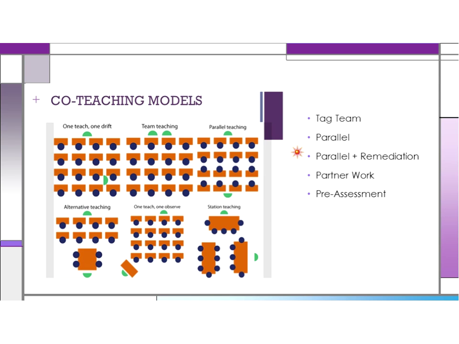Parallel plus remediation, where you teach the lesson in 2 different groups, and one of those groups gets more remediation, maybe a review from the day before. We talked about partner work, where one co-teacher would be going in and out of the different breakout rooms, helping students working in pairs together. And then we also talked about pre-assessment, where you see where the kids are at, and then you determine who's going to get this part of the lesson and that part of the lesson.